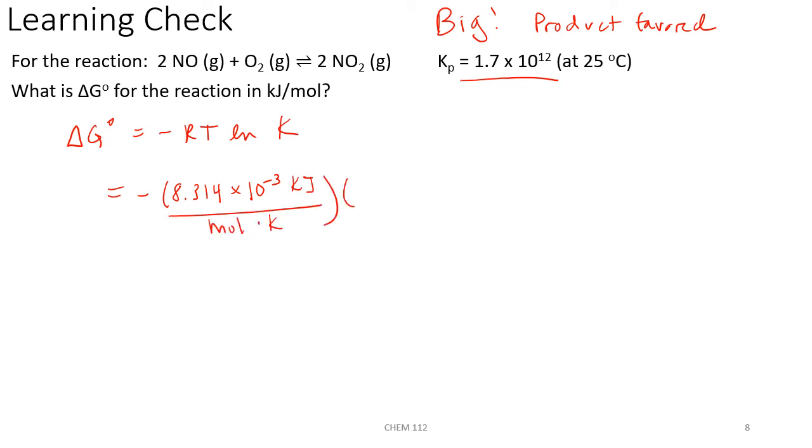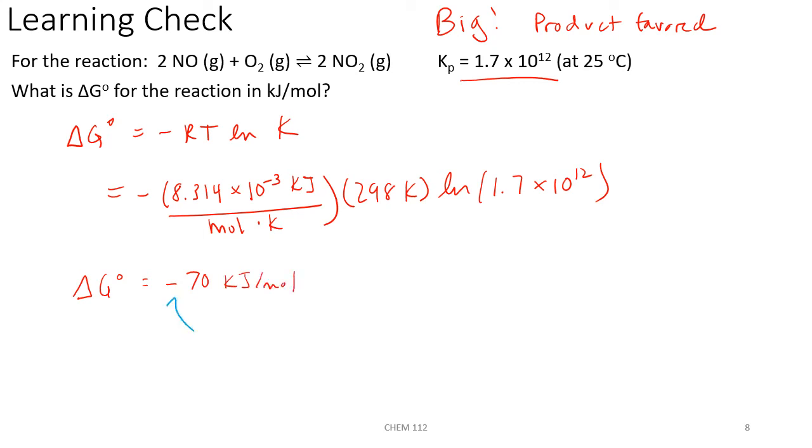Our temperature in Kelvin will be 298 Kelvin because we had 25 degrees Celsius, times the ln of our equilibrium constant, 1.7 times 10 to the 12th power. And for our Gibbs free energy, we're going to end up with negative 70 kilojoules per mole.